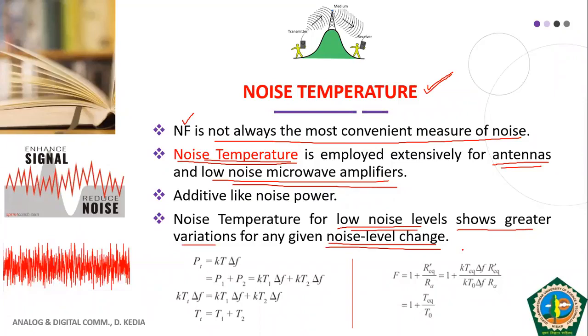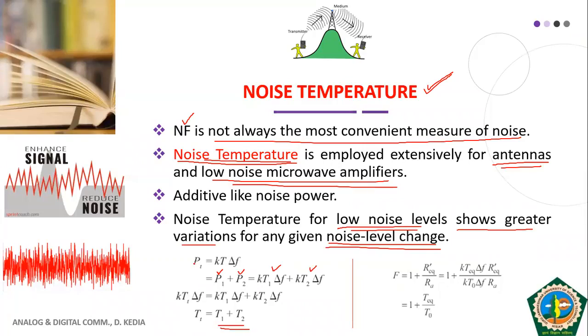Okay, so we have already seen that if we have two noise sources, then we can represent them by P1 and P2. Since noise power is additive, we can find out the total noise impact by adding these two. So P1 plus P2 becomes K T1 delta F plus K T2 delta F. If we take K and delta F common, then we get T1 plus T2.